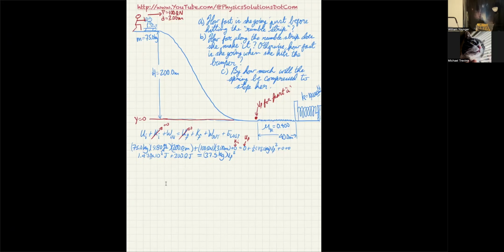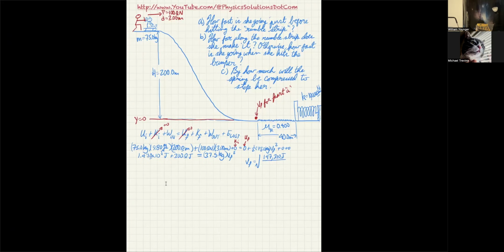So I can solve for V final by saying V final is the square root of the 1.47 times 10 to the fifth, which is really 147,000. And then when I add 300 to that, that's going to be 147,300 joules. Technically, that 3, that 0, and that 0 are not sig figs, so that's why I put them there.